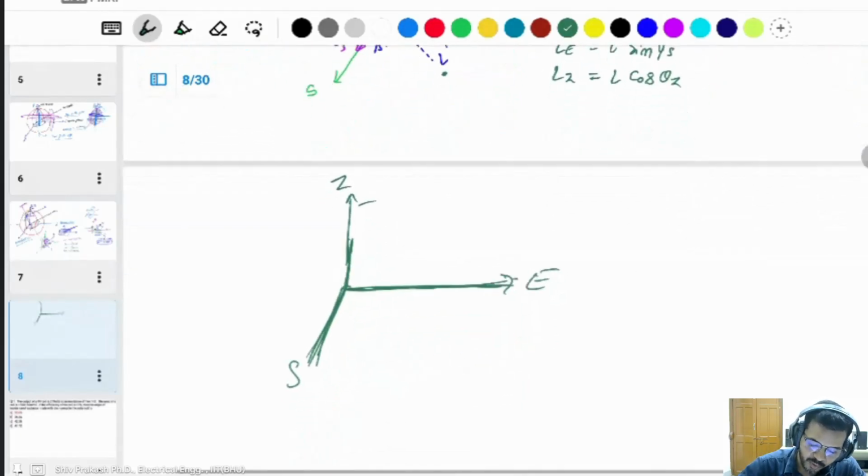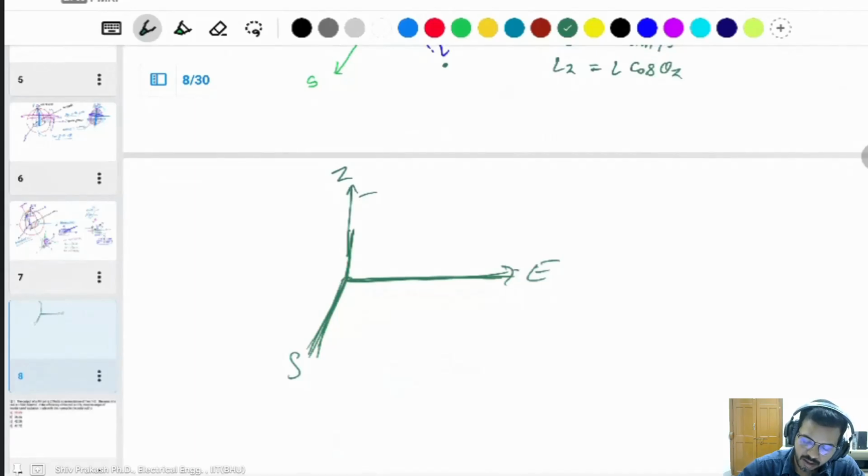If you take the projection of this one, L, to the surface of the earth, then we will take this same theta. Then what is the angle made from the surface? Z will also make the 90 degree. If this is the surface, what is the Z angle? Same, the 90 degree.